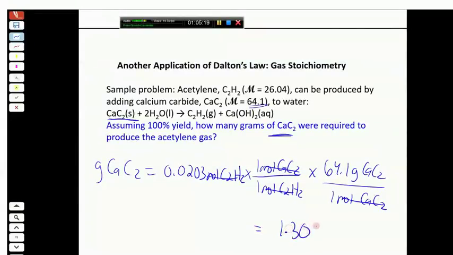And so what we get is 1.30 grams. So if we put 1.30 grams of calcium carbide in water and we allowed the gas to escape and we collected that gas, it would displace 521 milliliters. We worked backwards in this case to use that information to determine the number of moles.